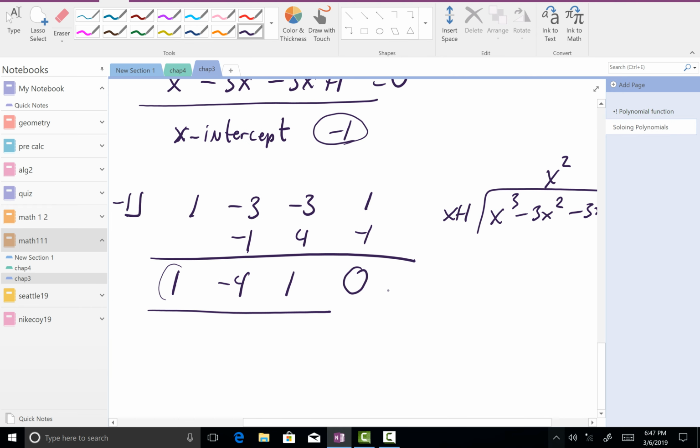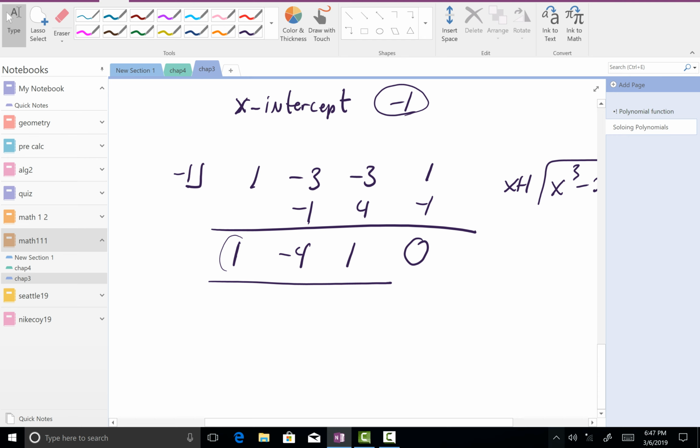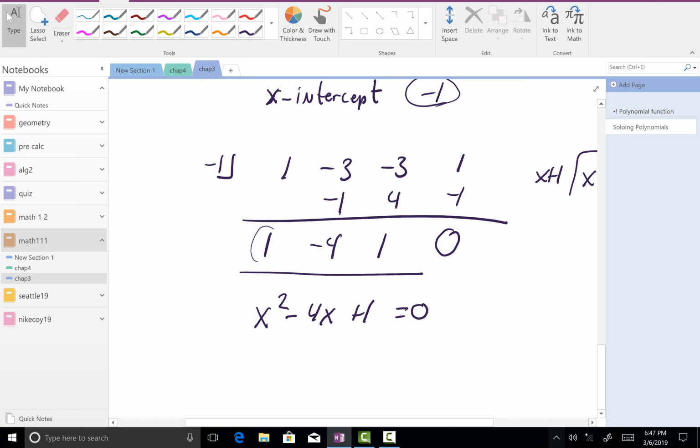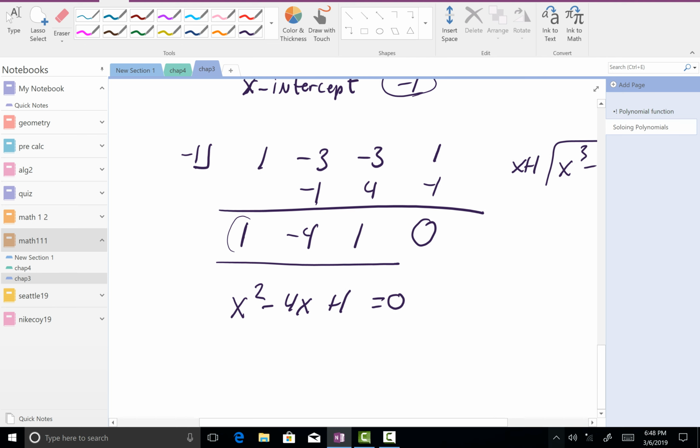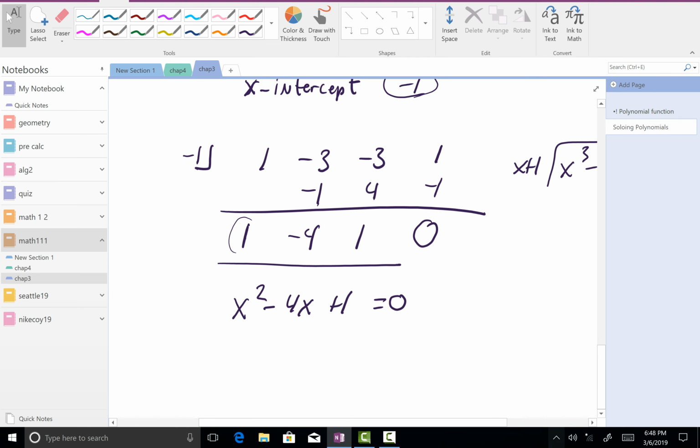So now we're left with a second degree. So that means I'm going to have here 1x squared minus 4x plus 1 equals 0. So now I have a quadratic, and we can solve any quadratic that we want because we have the quadratic formula. So after we divide it by 1, it becomes that, right?